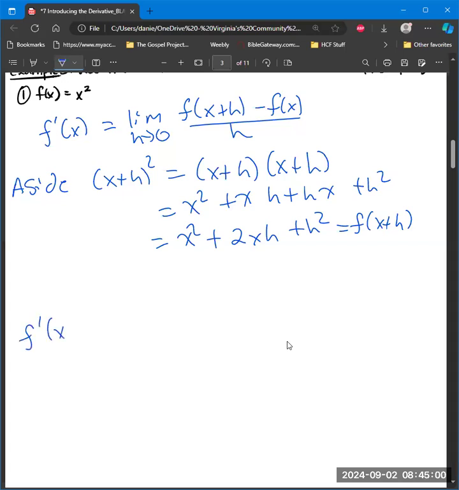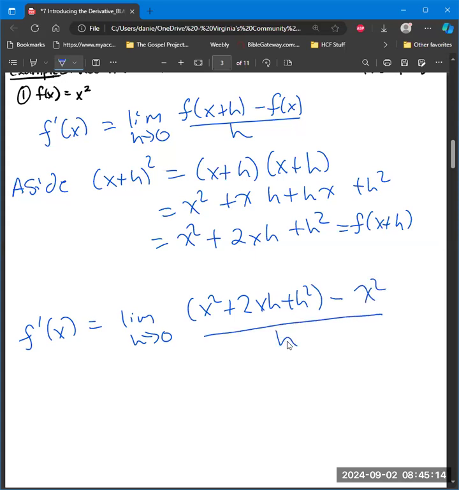F prime of x is equal to the limit as h goes to 0 of x squared plus 2xh plus h squared minus the original x squared over h. X squared minus x squared gives me a 0.